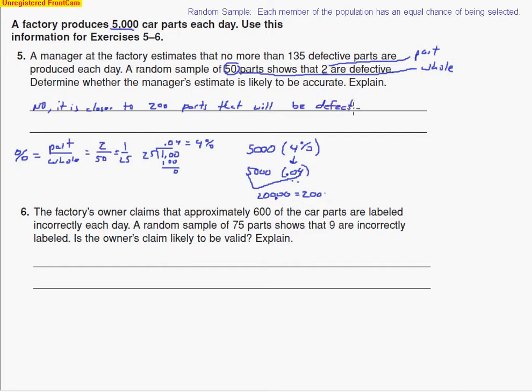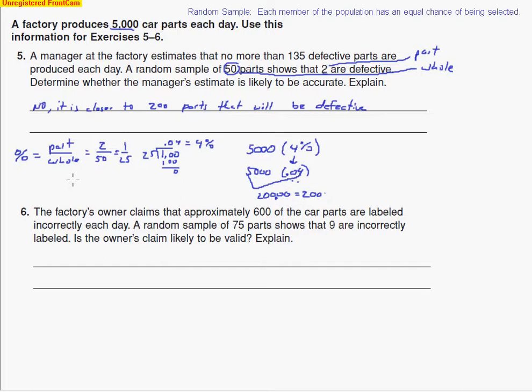So I think he's a little bit low. If he was at 195, I'd say, yeah, it's pretty close. But being a little bit further away, being 65 off, I would say no. I would bring that amount up. He's kind of saying that his product's doing a little bit better than it actually is. Obviously, the manager doesn't want as many defective parts, and he's stating something that seems a little bit low.